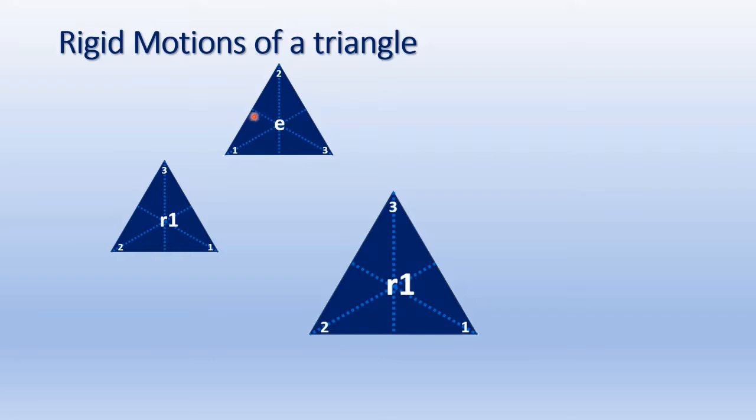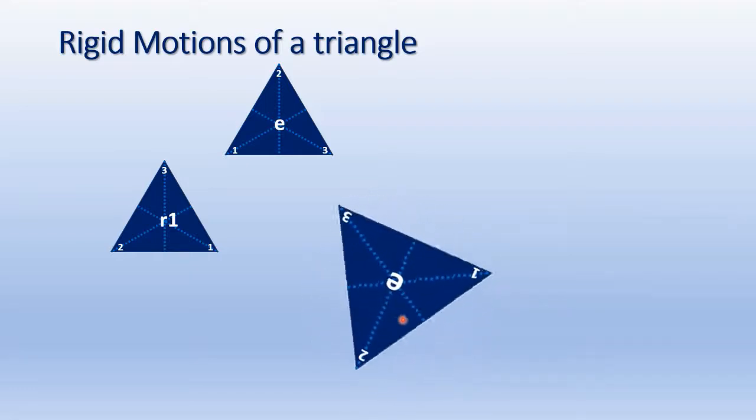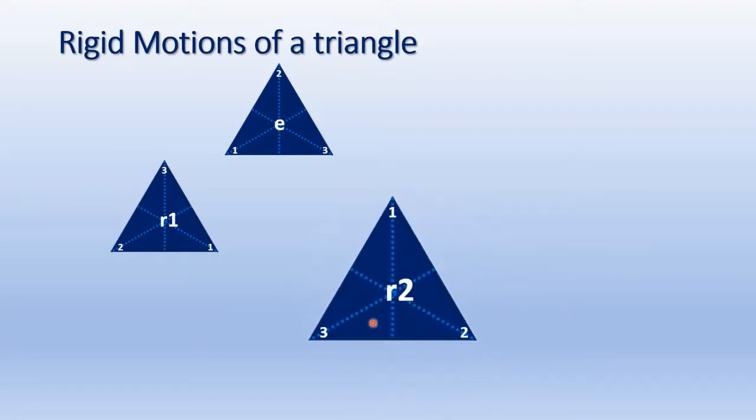You may rotate this triangle anti-clockwise through an angle of 240 degrees to get this new labeling R2. Here 1 is replaced by 3, 2 is replaced by 1 and 3 is replaced by 2. So initially we had the labeling as 1, 2 and 3. Now we are having 3, 1 and 2.